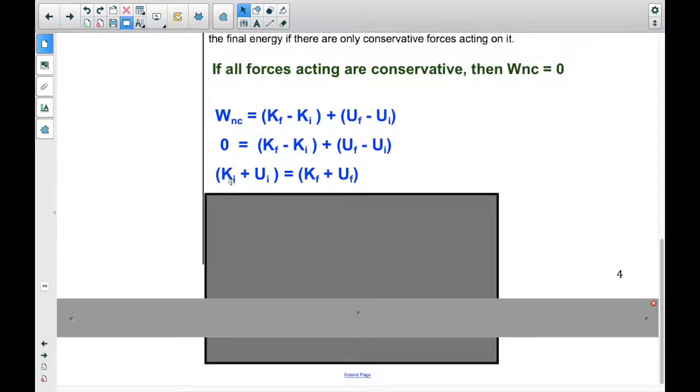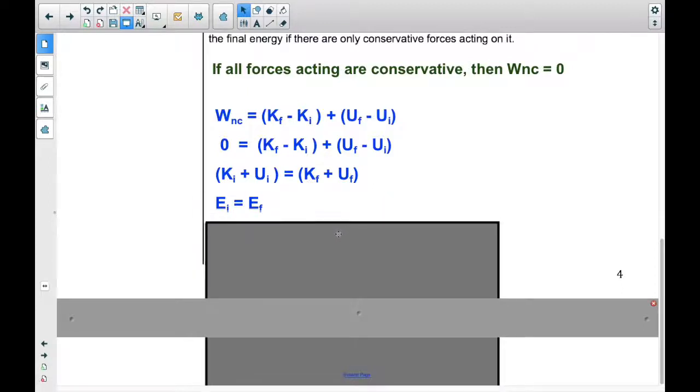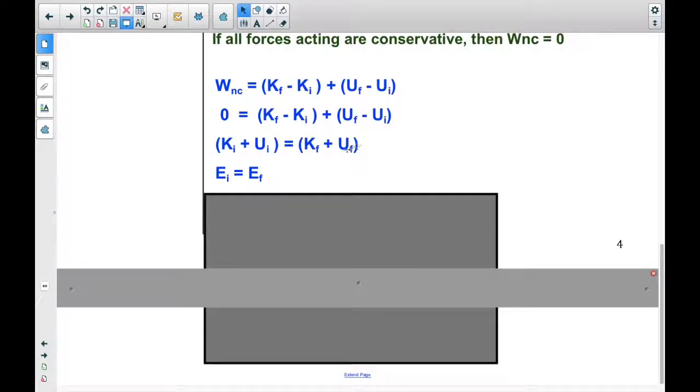Notice we have that the initial kinetic plus the initial potential is equal to the final kinetic plus the final potential. And that is conservation of energy. That is saying we are conserving the energy, that the same energy we had to start with is the same energy we had to end with. And that's what we've been doing with our LOL charts.